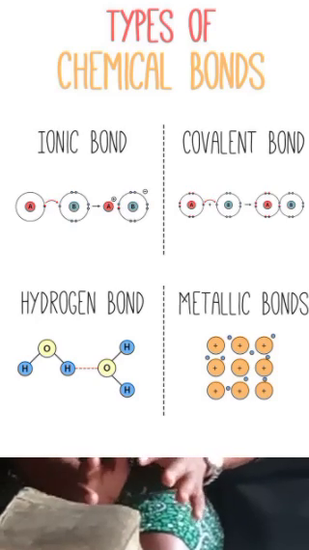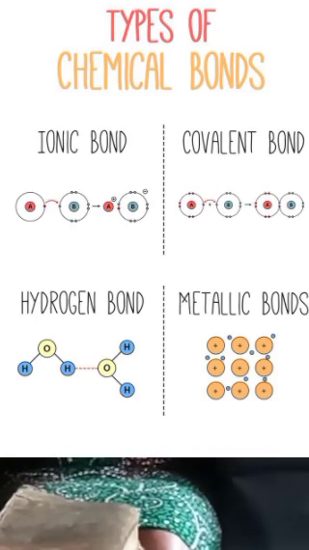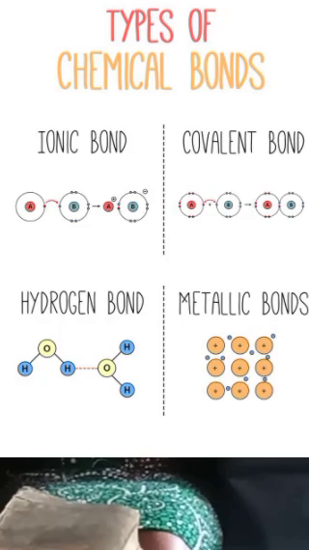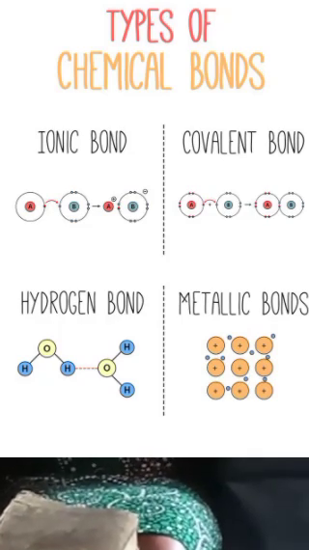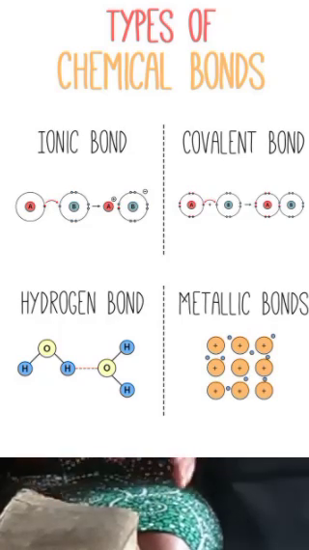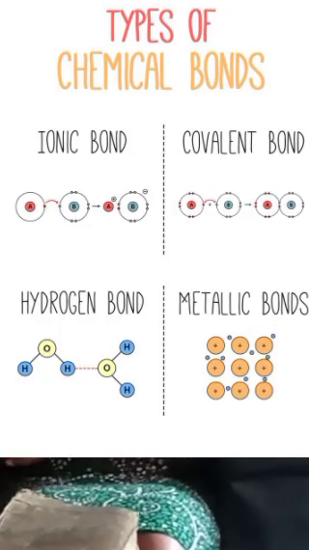That is covalent bonding. It has to do with sharing of electrons. That is a situation whereby you see oxygen sharing its electrons with another oxygen, and both atoms are non-metals.